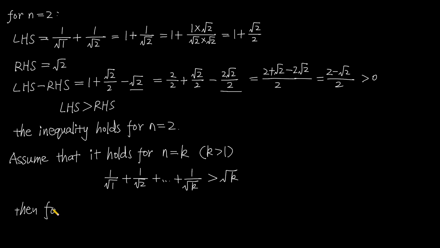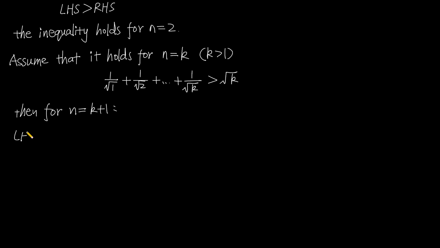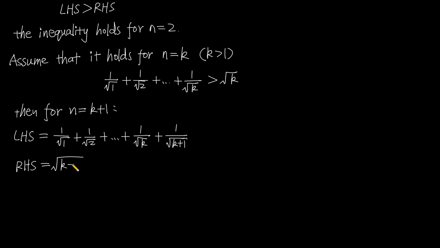Then for n equals k plus 1, left hand side equals 1 over square root of 1 plus 1 over square root of 2 plus ... 1 over square root of k plus 1 over square root of k plus 1. This is left hand side, and right hand side is just square root of k plus 1.